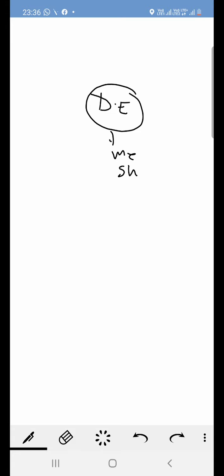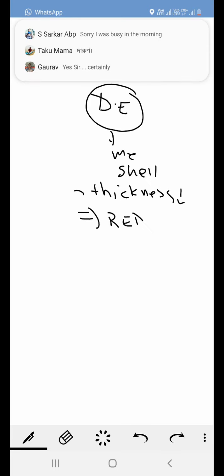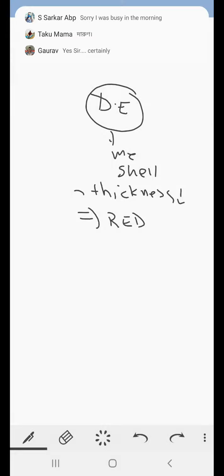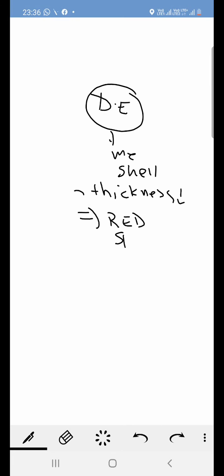For example, with a dielectric core and a metal shell, if the thickness of the metallic shell decreases, then also we will get a red shift.